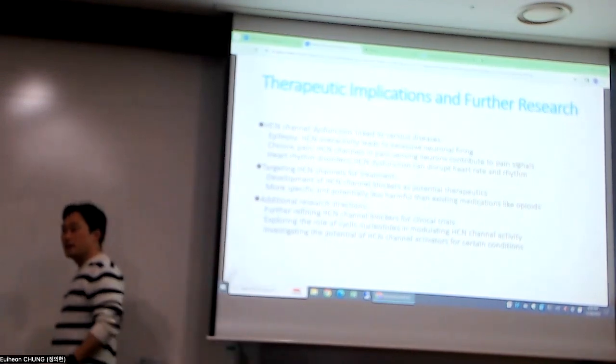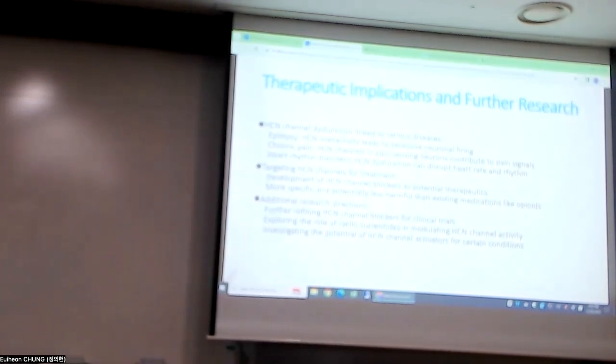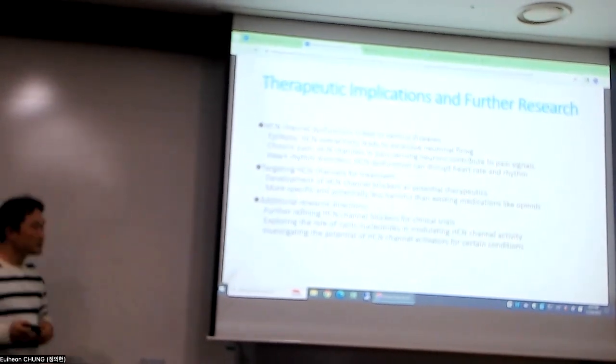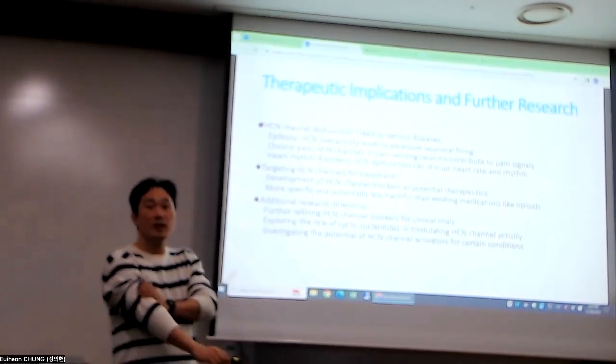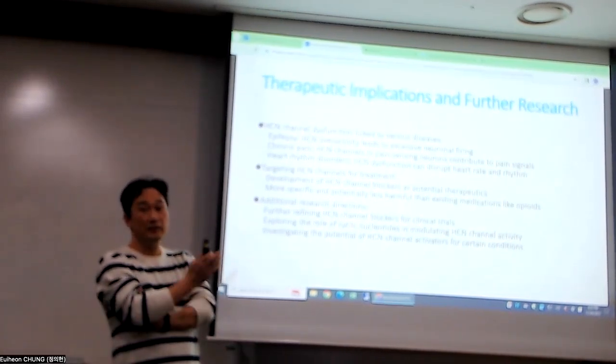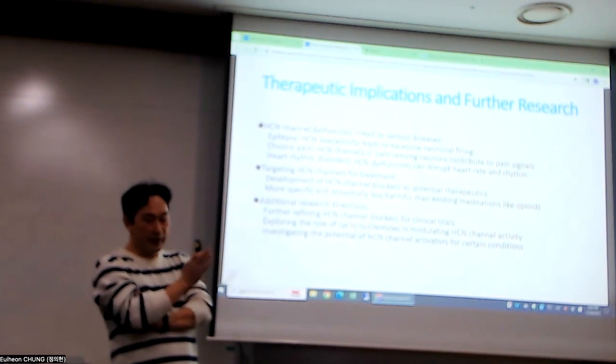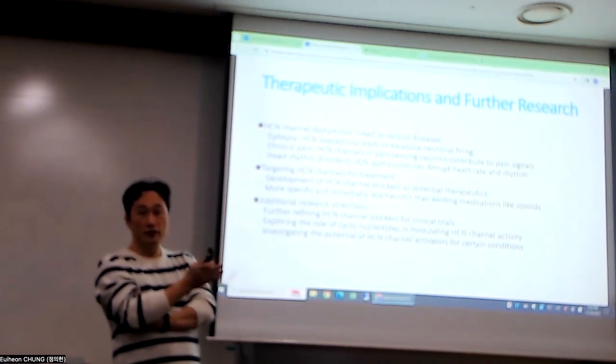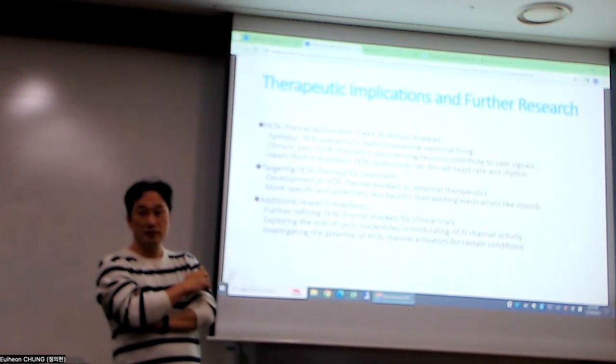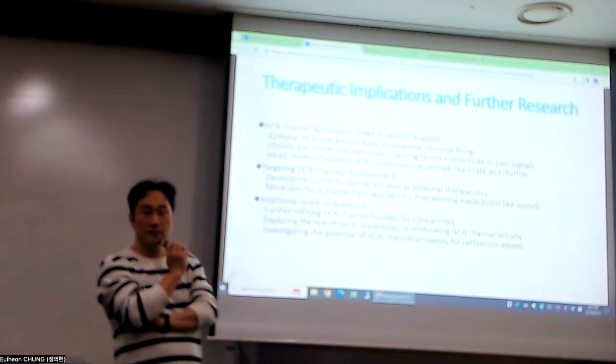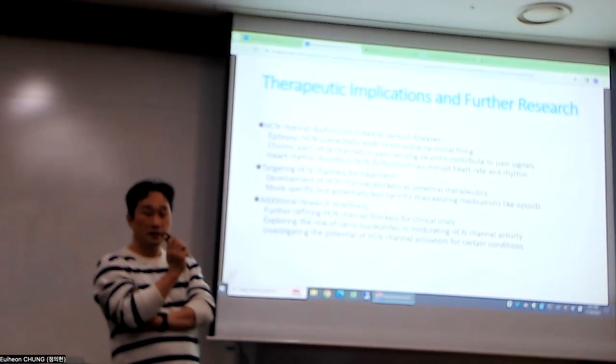So any other questions? Question. If HCN overexpression is a problem for neuropathic pain, yes, there is evidence for that. Do we use an antibody against it, or are there any small molecules which will block the channel?